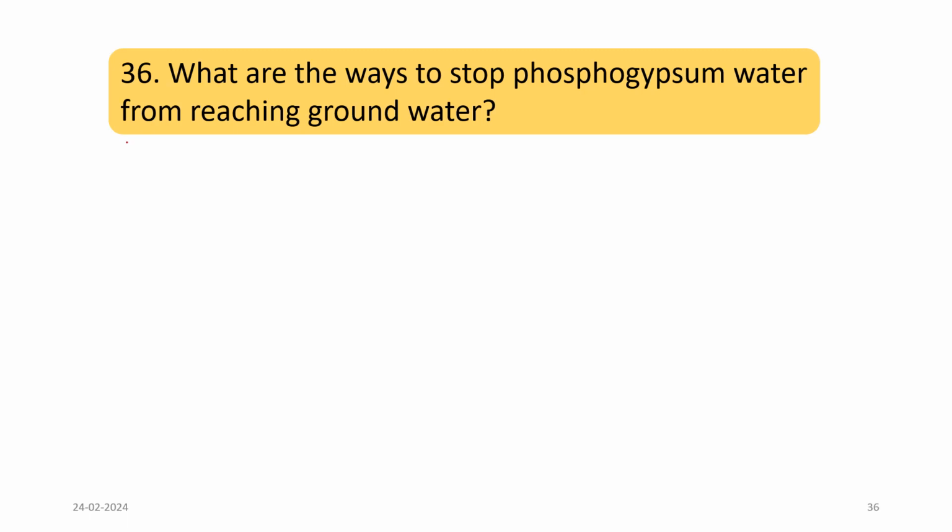There are five methods. First method is the seepage collection ditches.